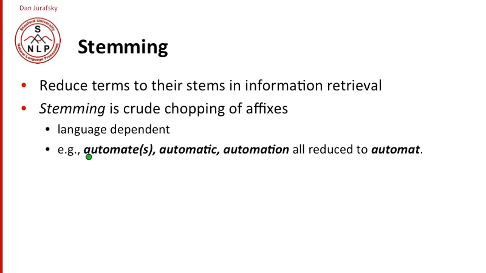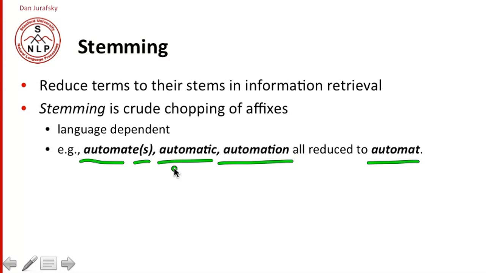So the English words automate, automates, automatic, automaton, we'd like them all to refer to the same stem, automat. So stemming is like a simplified version of lemmatization, where we pick a prefix of the word, use that to represent the word, and we chop off all the suffixes that are relevant, leading to that stem.